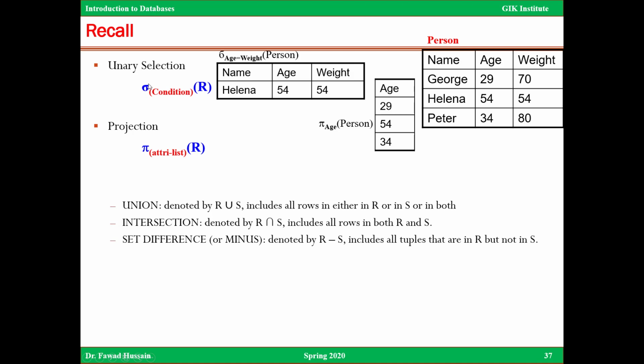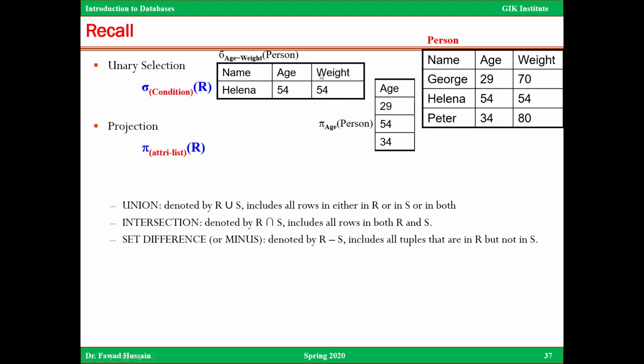So if you apply the sigma operator on the relation R, and this table belongs to the person, we have three different attributes and three data instances there.